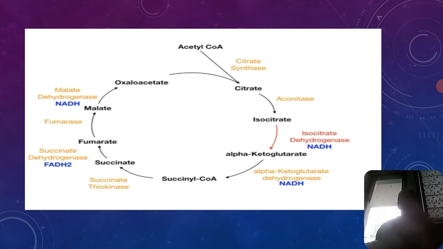See, so when you see the formation of NADH, from isocitrate to alpha ketoglutarate one NADH, and alpha ketoglutarate to succinyl coenzyme A, another NADH, and when malate to oxaloacetate one.